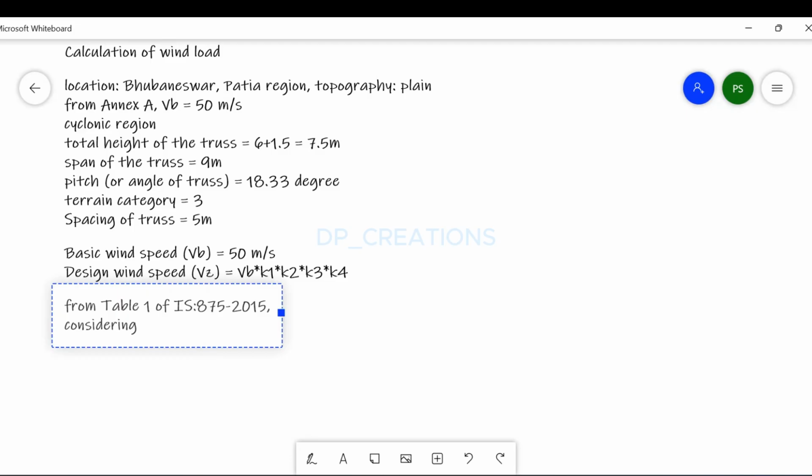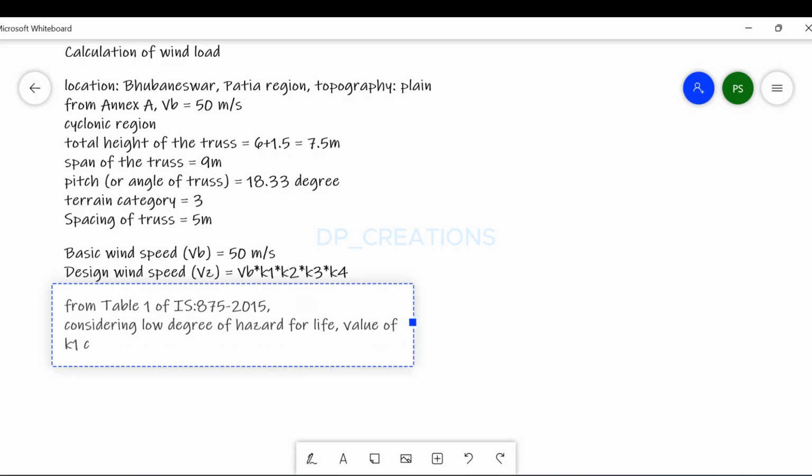Considering low degree of hazard for life, value of K1 corresponding to Vb equals to 50 meter per second equals to 0.9.